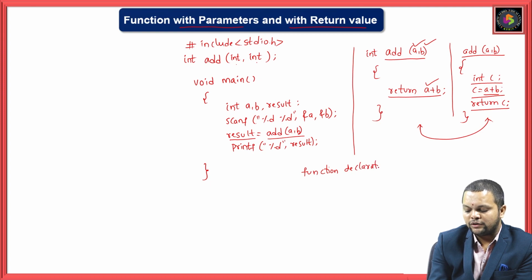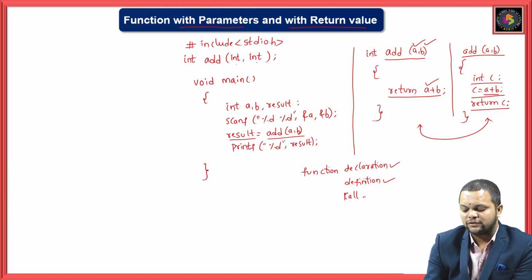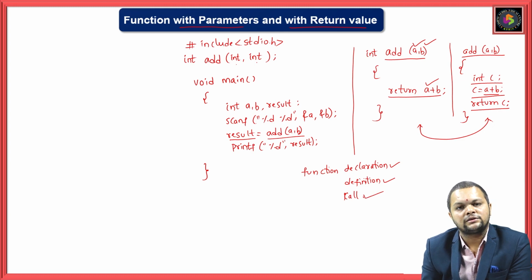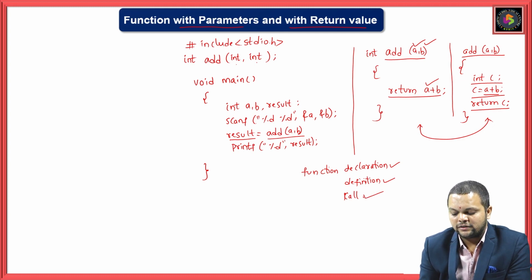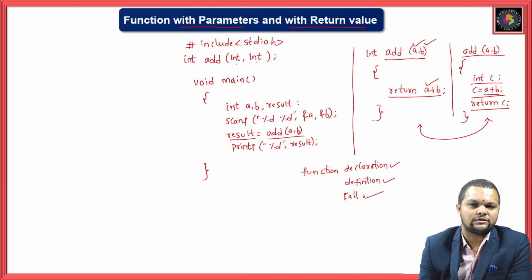After that, you need the function definition, and you need the function call. Without a function call, giving declaration and definition is a waste. You need the function call, function declaration as well as function definition. So this is about your function with parameters and with return value, and the classifications of functions.